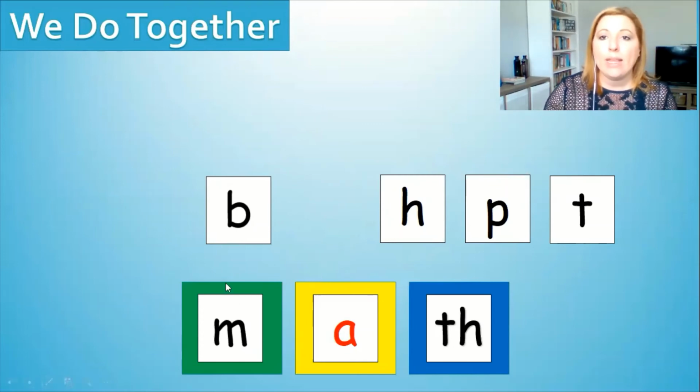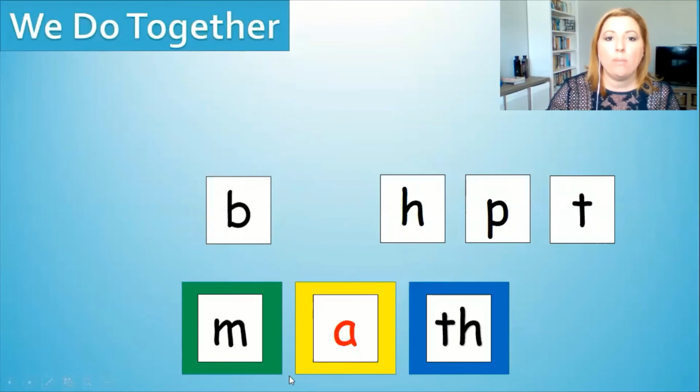So let's point and say, you point at the screen and say the sounds as I say them aloud. You ready? Let's point and say the sounds one more time and then blend them together. Math. Oh, the word is math. Very good. I'm glad we did that one together.